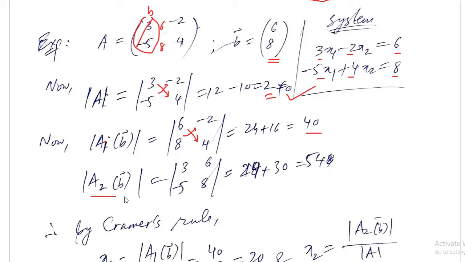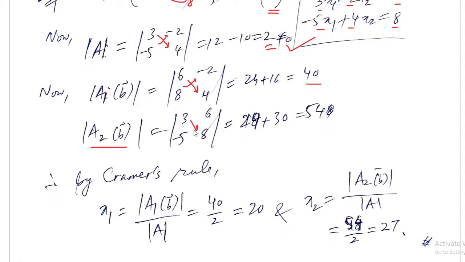Now A2 comes from replacing the second column by b, 6, 8. So the first column stays as it is from A, 3, minus 5, and the second column is b, 6, 8. Now if you find the determinant, 3 times 8 is 24 minus 4 5 6 are 30.